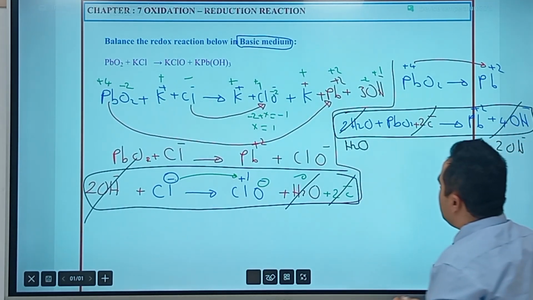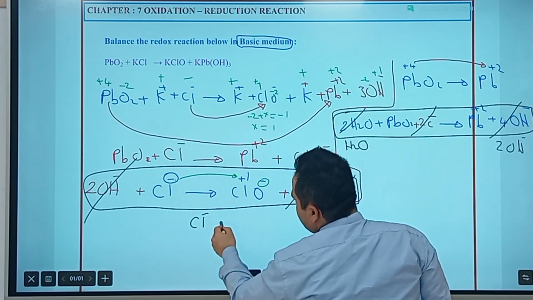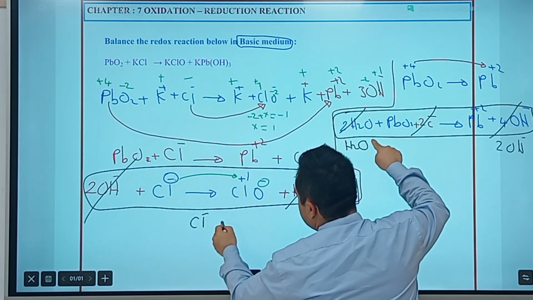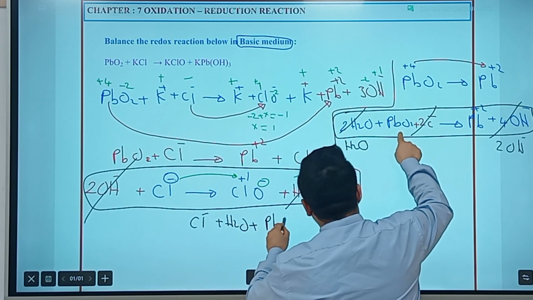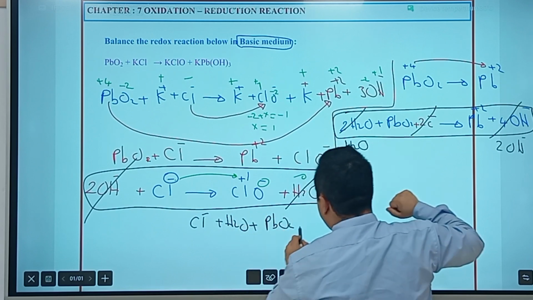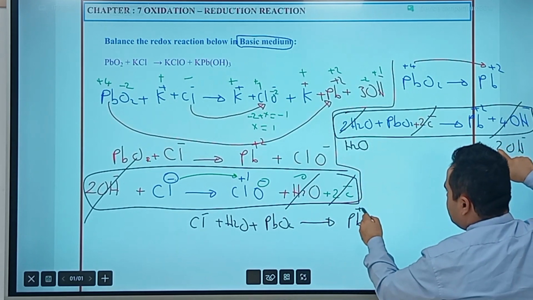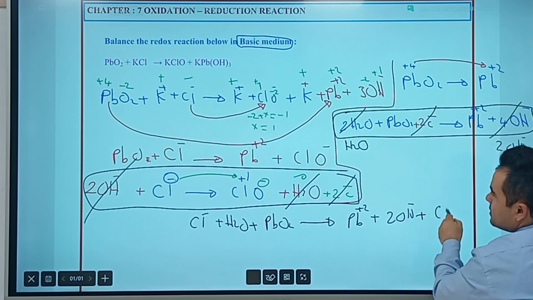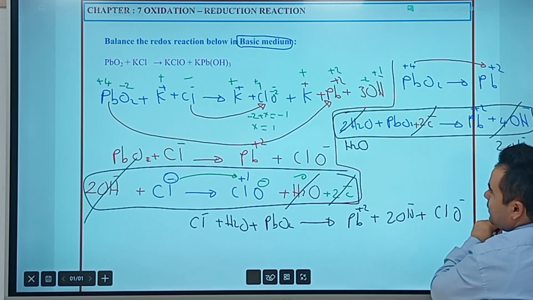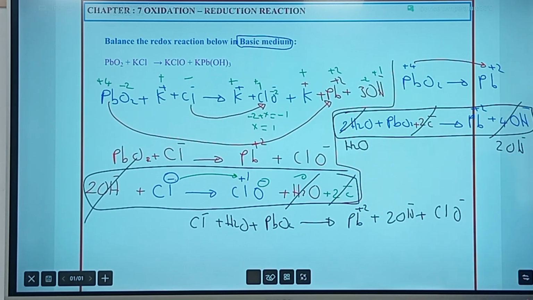And then we write the equation. Cl negative plus H2O plus PbO2 are all in the reactant of both halves. Then Pb positive 2 plus 2 hydroxide plus ClO negative in the product of both halves.